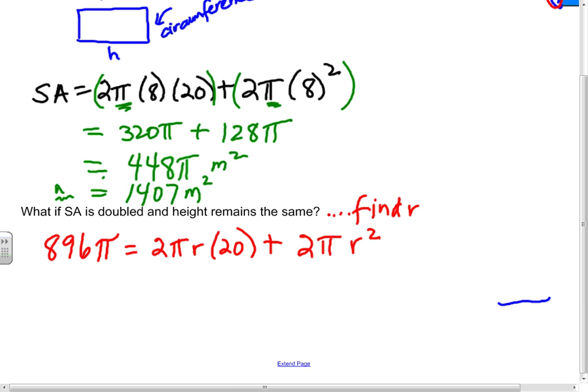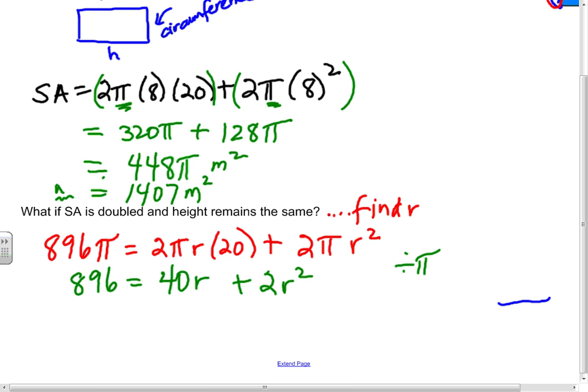The first thing that I'm going to do is to divide every term by pi. That just gets rid of the nastiness. So we would have 896 equals 40r plus 2r squared. I want to solve for r. What are our strategies to solve for r?